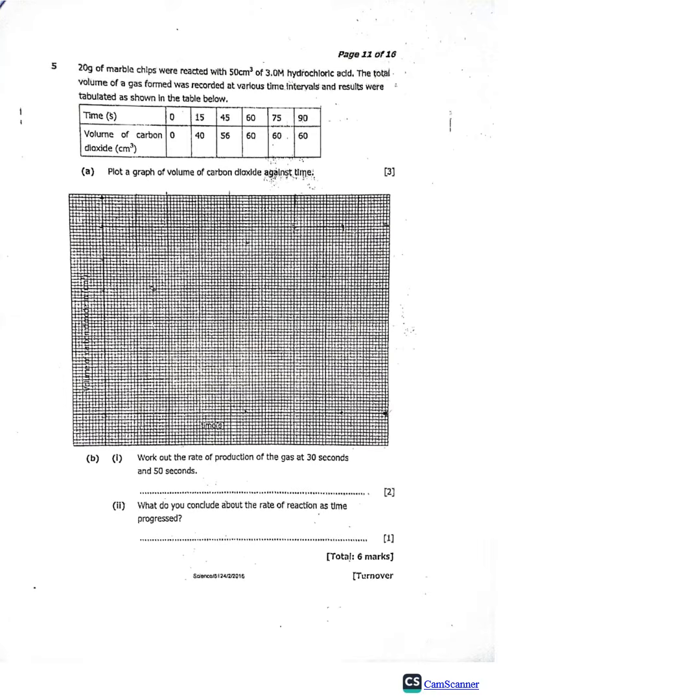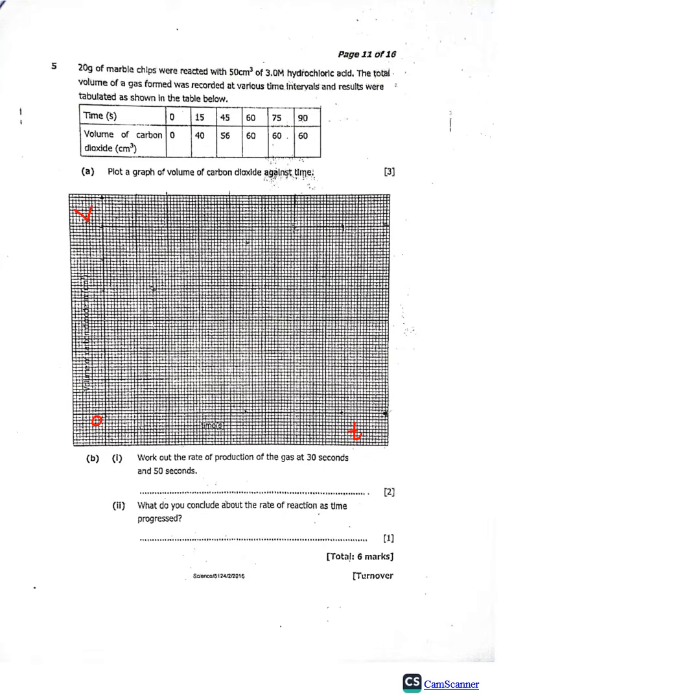The total volume of gas obtained was recorded at various time intervals, and results were tabulated as shown in the table below. So we are looking at the graph. Plot a graph of volume of carbon dioxide against time. Here the volume should be on the y-axis, and the time should be on the x-axis.